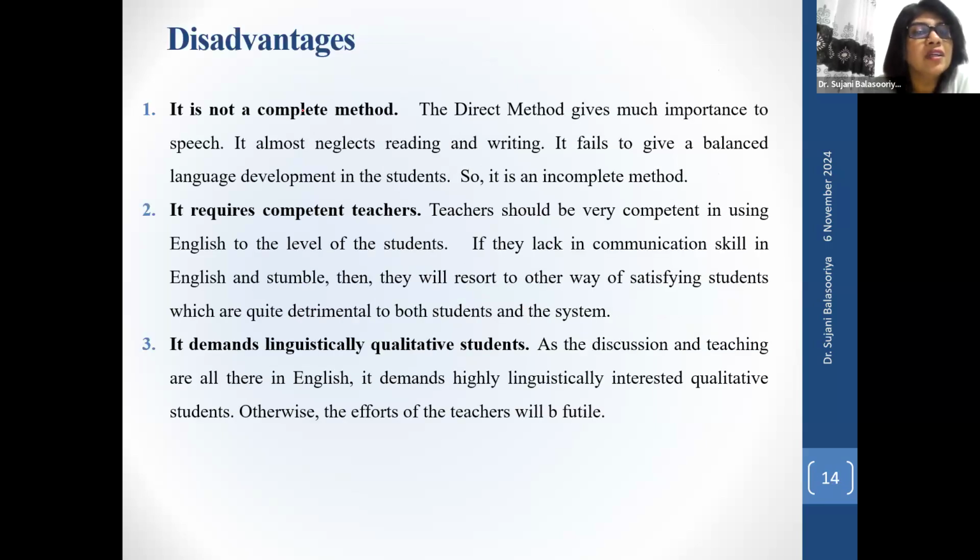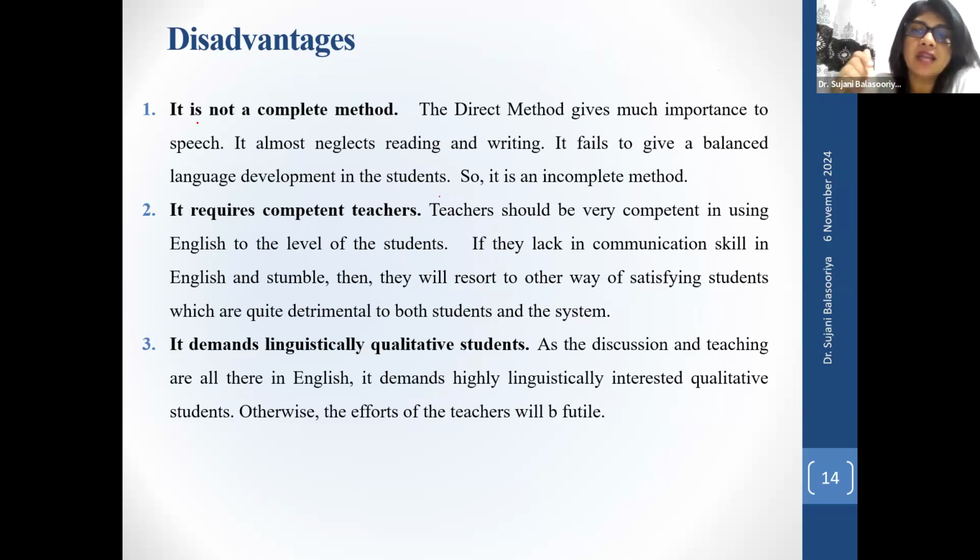There are disadvantages. We'll see how many, right? 6 different disadvantages. It's not a complete method. The biggest criticism faced against this method is that it's not complete because it neglects reading and writing.